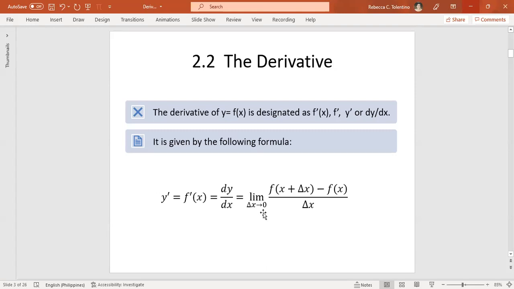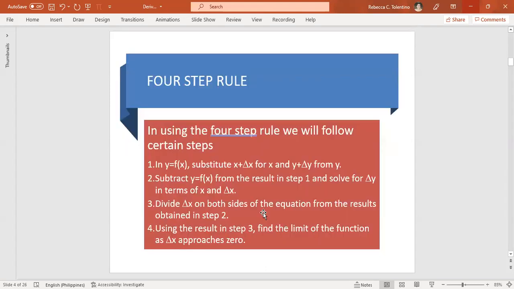This is how we define the limit, and from this definition we come up with the 4-step rule of finding the derivative. You start by substituting x plus delta x for x and y plus delta y for y. The next step is to subtract y equals f of x from the result in step 1, and then solve for delta y in terms of x and delta x.